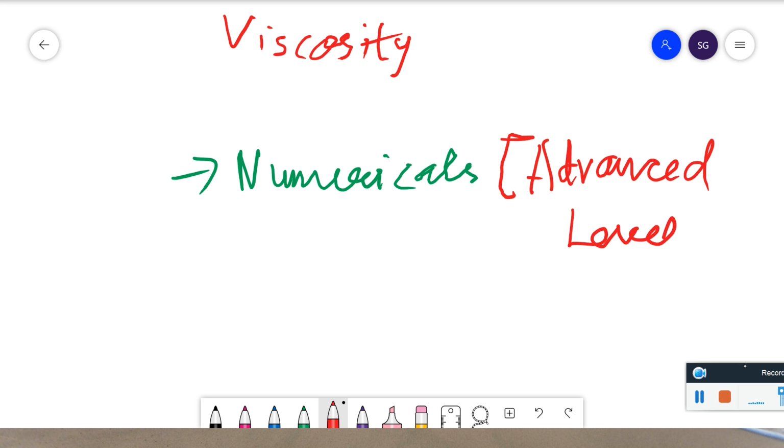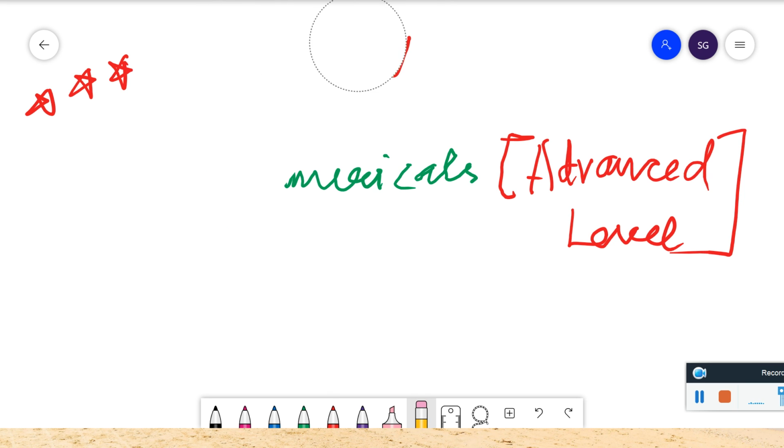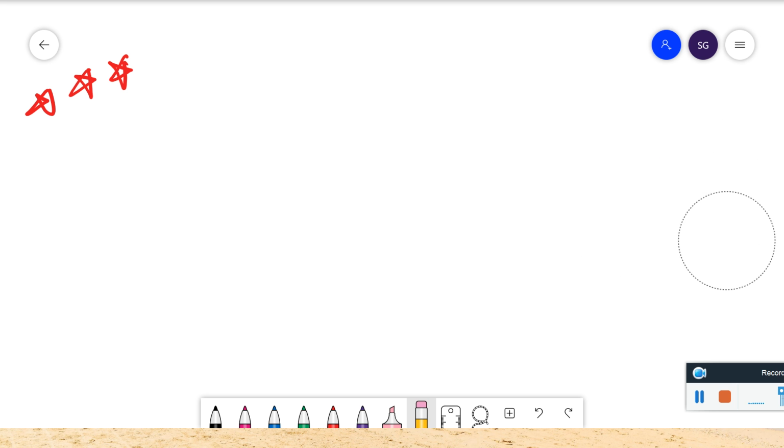Its difficulty level will be a little high, but if you understand, it's not that hard also. So today we will do the 3-star questions and it will definitely enhance your skills. Today our topic will be numerical based only. So let us start with the 3-star question.